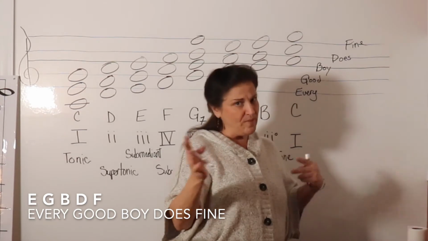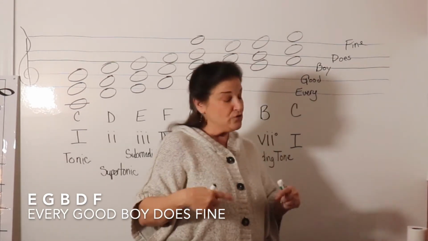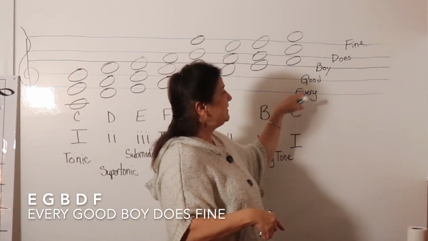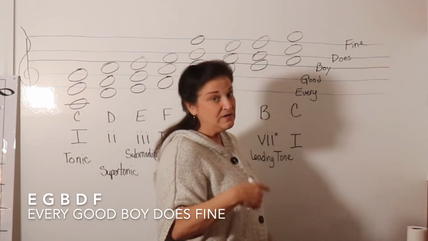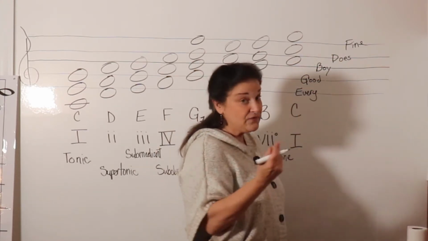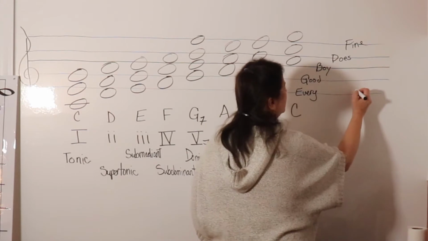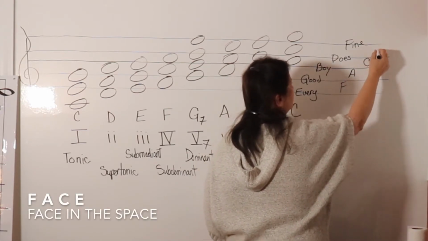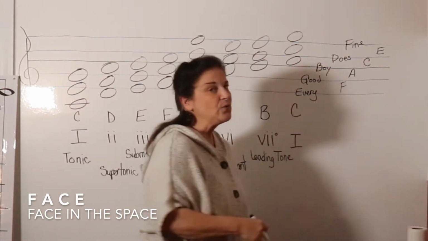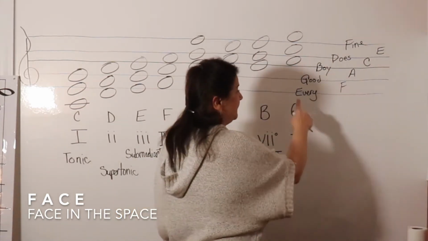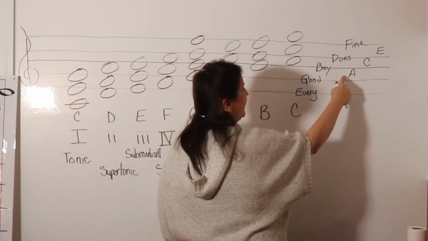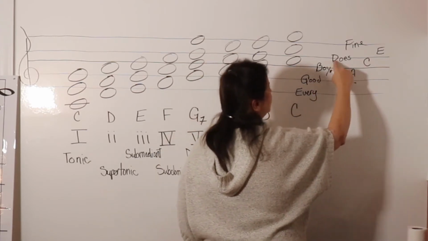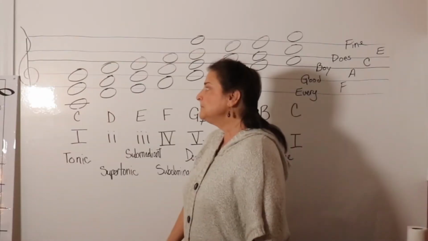And there's just so many different acronyms that you can make to memorize E, G, B, D, F for the lines. For the spaces, it's an easy one. F, A, C, E. It spells out the word face. Simply E, F, G, A, B, C, D, E, F.